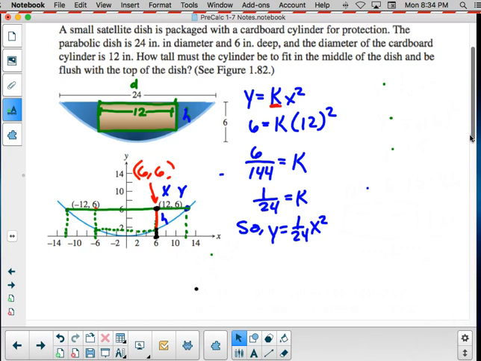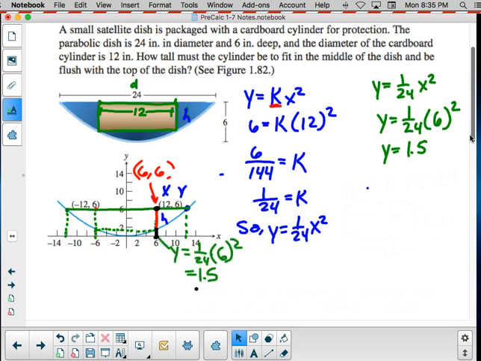I just want to find out how high it is. So now I'm going to use that information at 1/24 x squared, and I want to find how high my parabola is at x equals 6. So I'm going to pop that in. So I got 36 divided by 24, which gives me 1.5. So at that point, I know it's 1.5. So what I want to make sure you see is that this spot right there is 1.5.